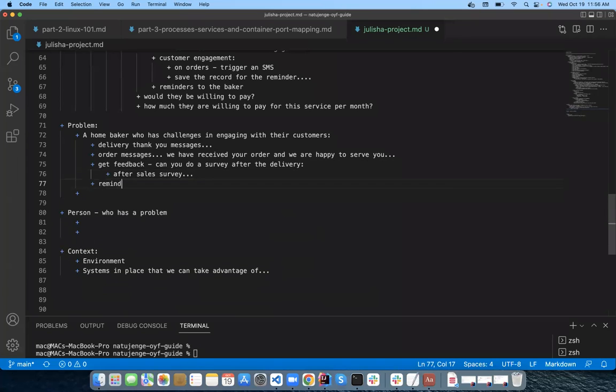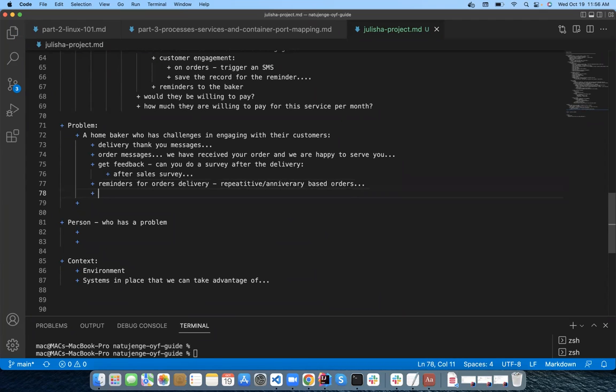And we've talked about reminders for orders delivered that are repetitive orders or anniversary-based orders. E.g., in our company, we do birthday cakes for people, and now that they're at home, it will be delivered to their home.